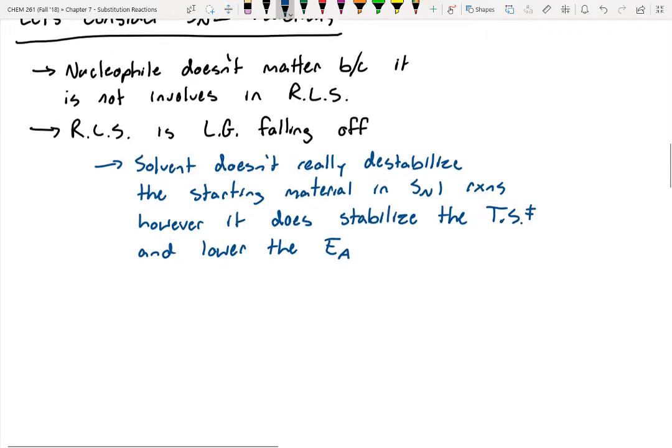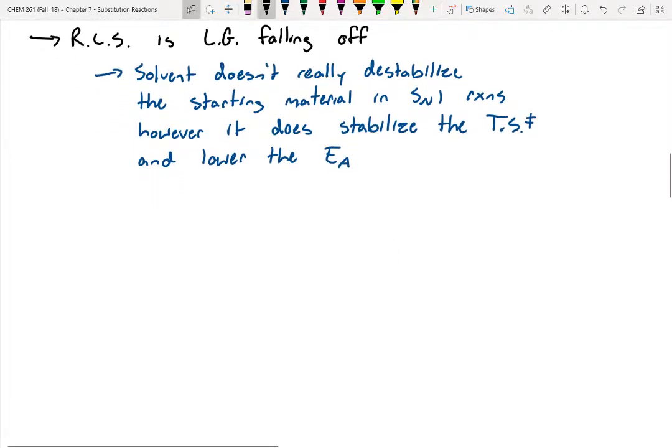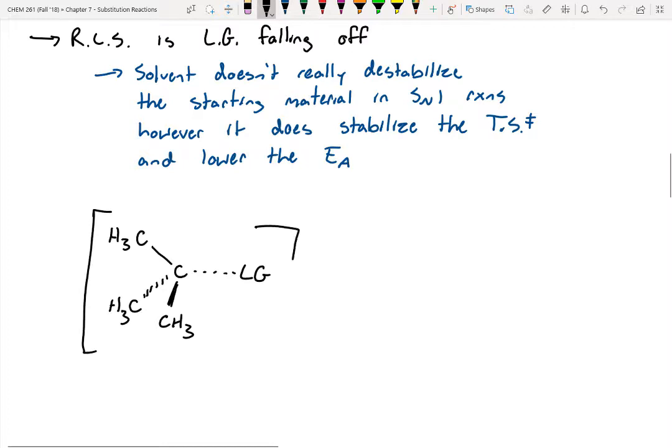All right, so let's consider this SN1 reaction. In an SN1 reaction, like we said, I'm going to just redraw it down here. The transition state involves the leaving group kind of falling off. I'm just going to put this in a double dagger, include my partial charge on my leaving group and my partial charge on my carbon.